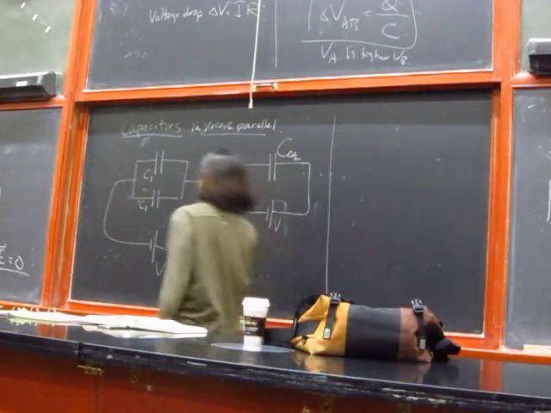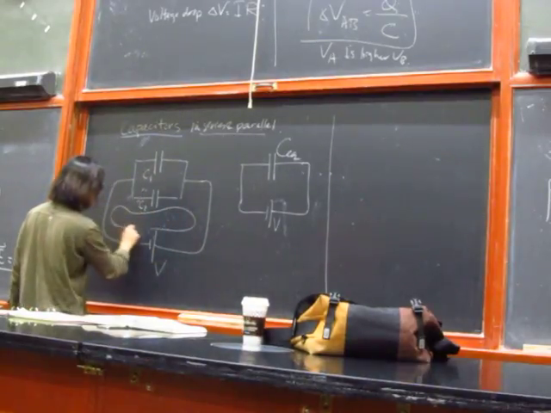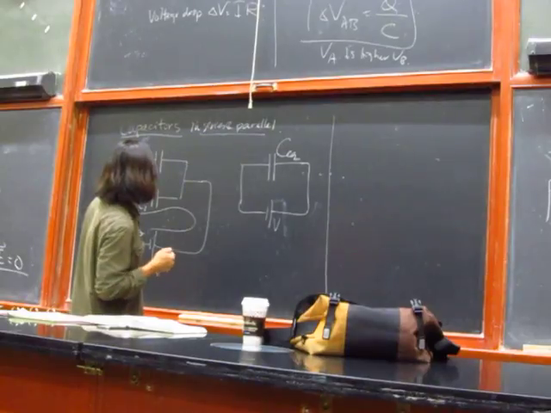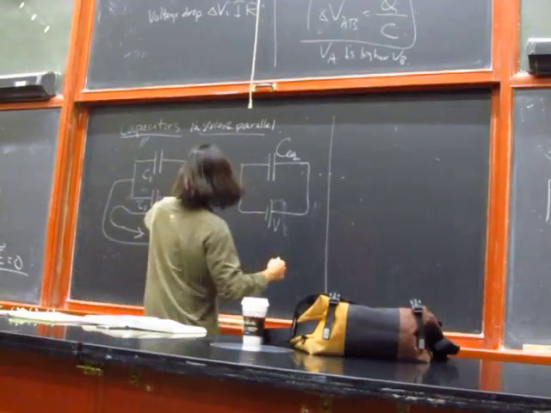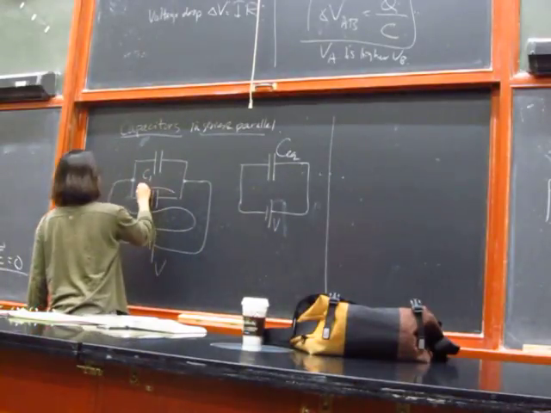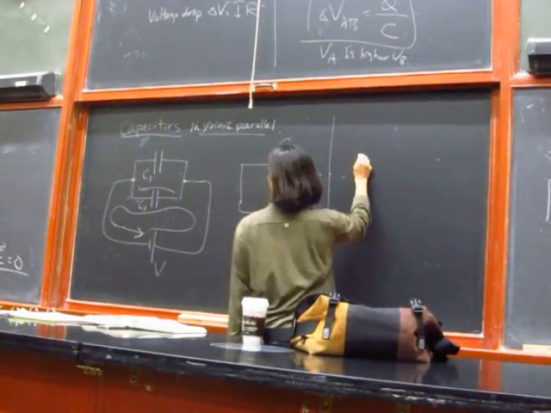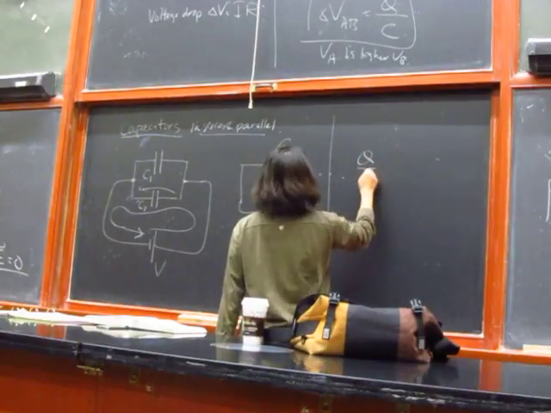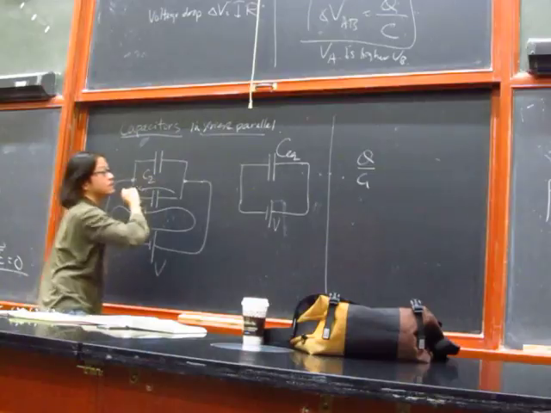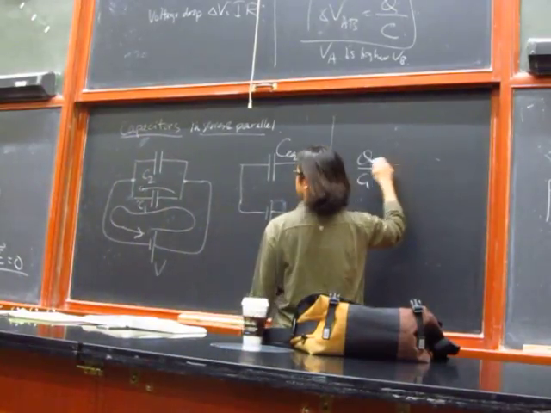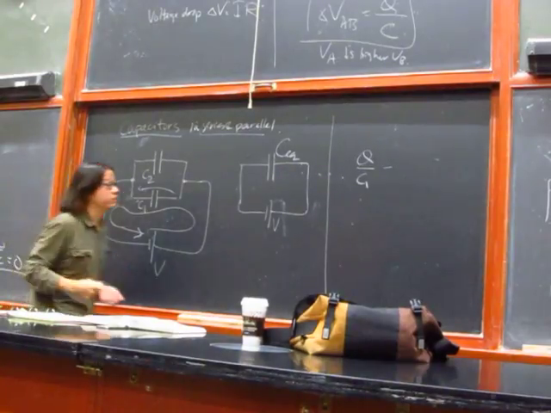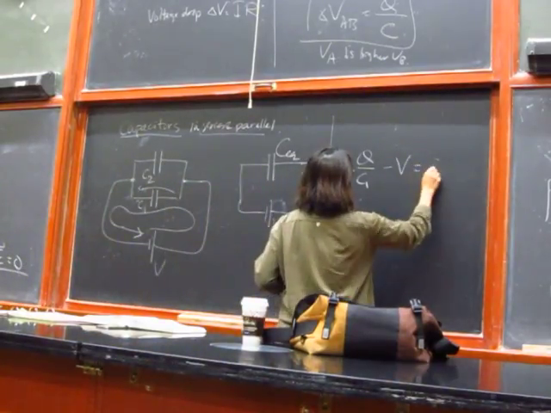If I go through this loop, the voltage drop across these two points is equal to Q over C1, call this C1, minus, going across the battery, minus V, is equal to 0.